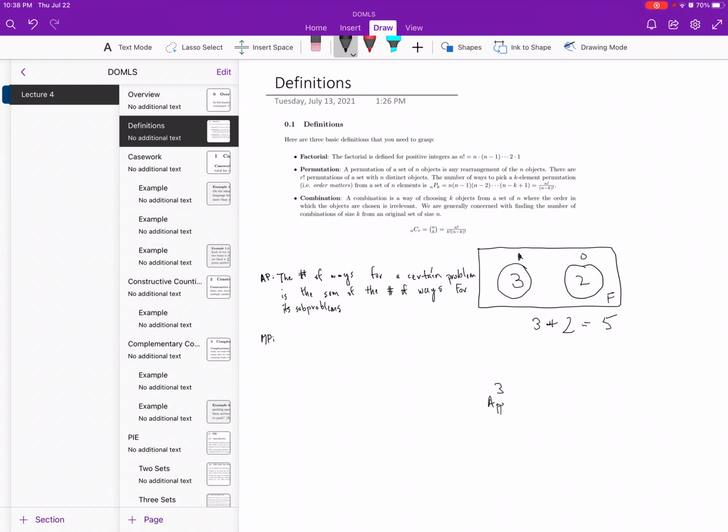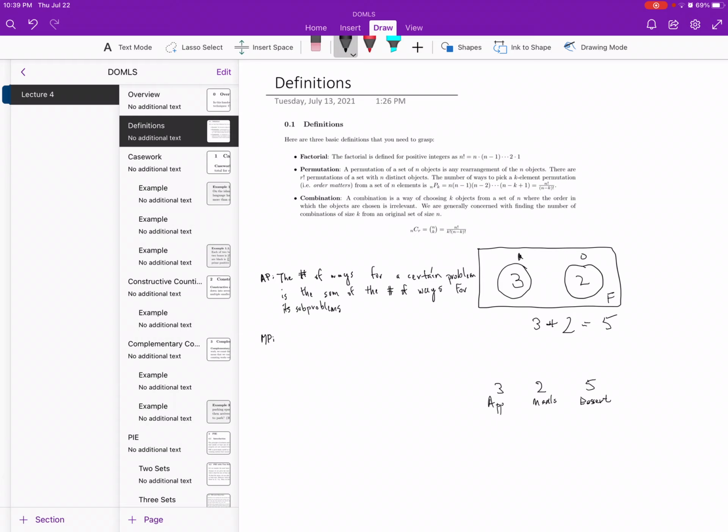For each of those three types of appetizers, we have two types of meals. And for each of those, we have 5 types of dessert. Okay, so how many ways in total are there for us to order at this restaurant?